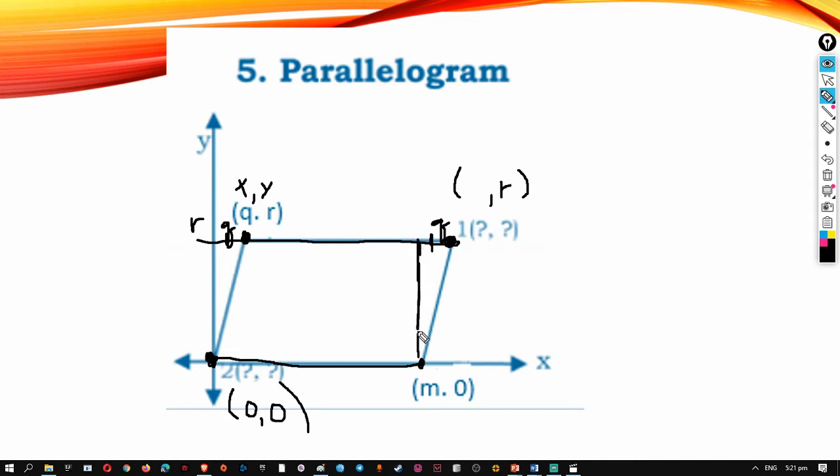Yung narito natin ay M. Para makuha ko ang coordinate nito, ipa-plus ko yung M sa Q. So, that means M plus Q. So, let's see.